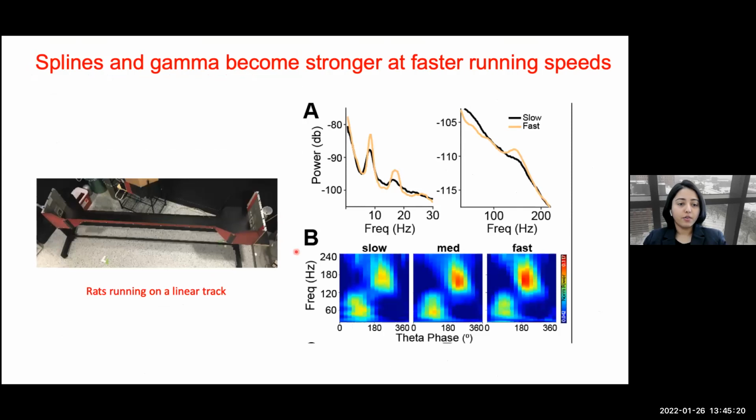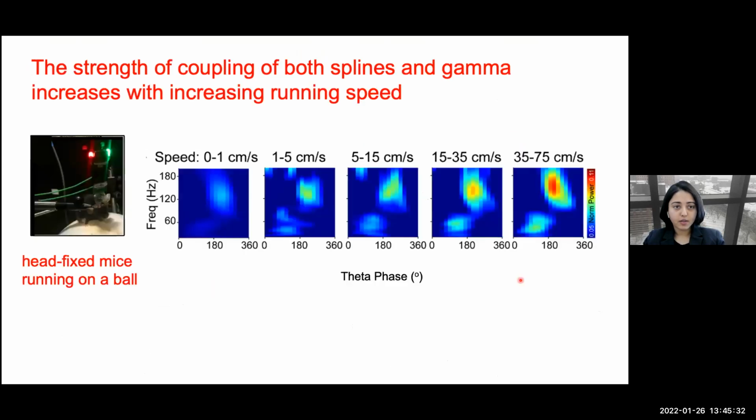So we looked at rats running on a linear track, and we found that both splines and gamma have increased power with increasing running speed. Again, we saw this in mice as well, which were head fixed and running on a ball. As speed increases, the coupling of both splines and gamma increases with their movement speed.